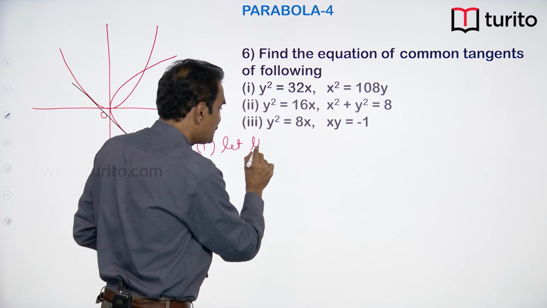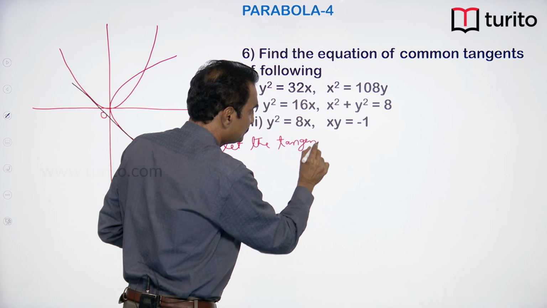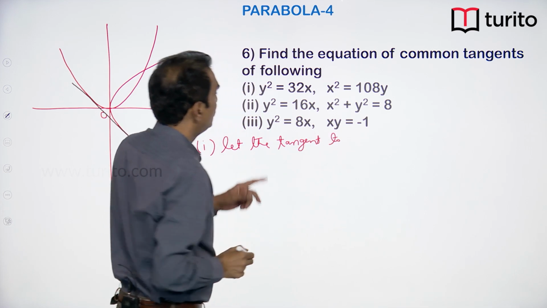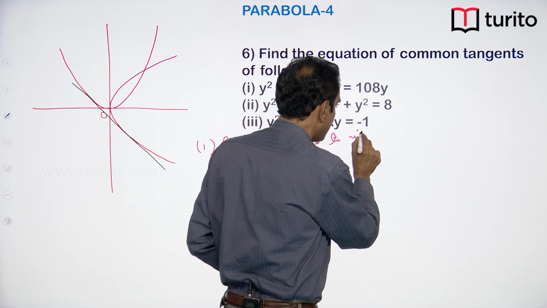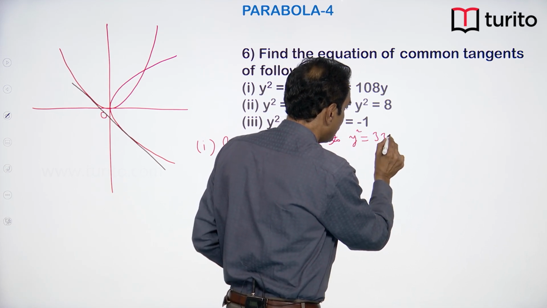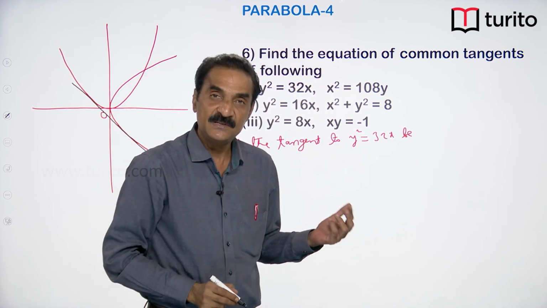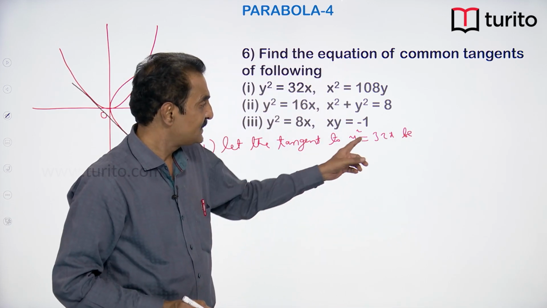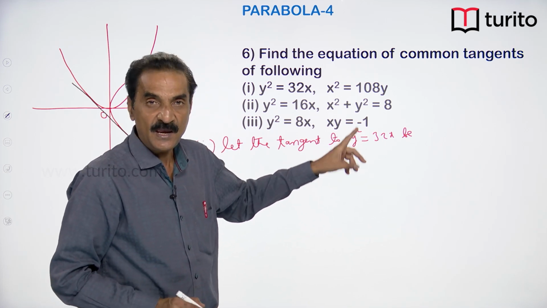Let the tangent to y square is equal to 32x be y is equal to mx plus a by m. What is a here? If this is 4ax, a is 8.